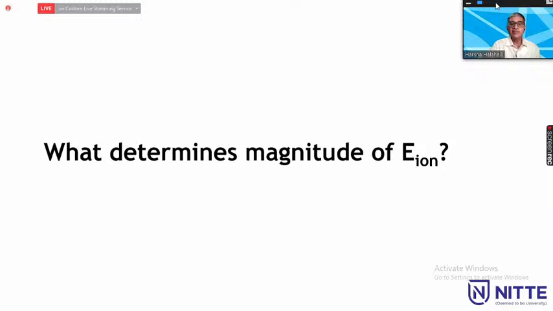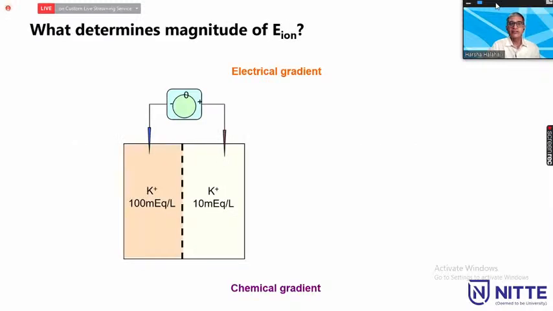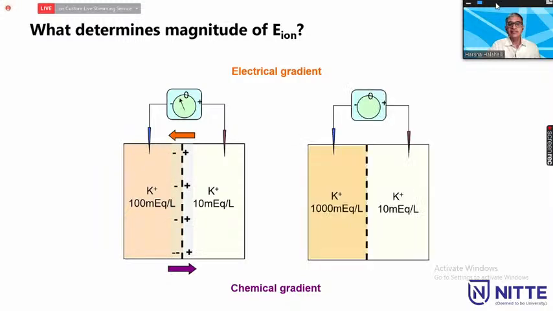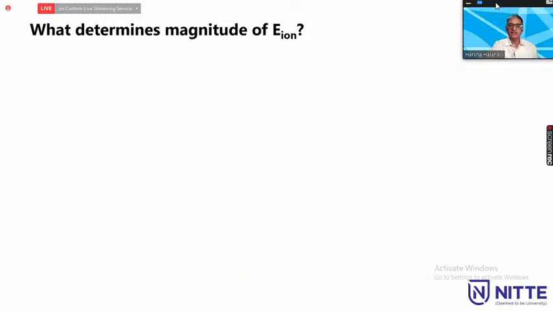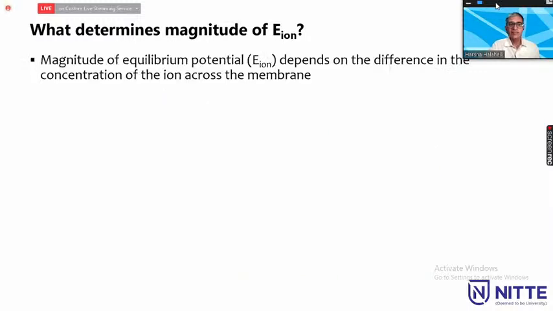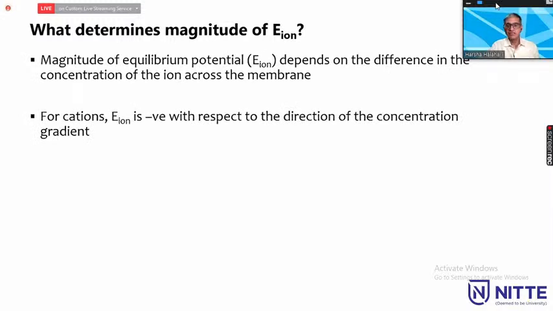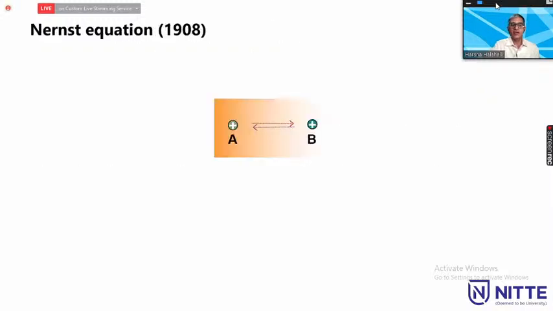So what determines the magnitude of the equilibrium potential for various ions? Simply, if the concentration difference is greater, you end up with greater charge separation and therefore a greater equilibrium potential. The second thing is the nature of the charge: the direction of the electrical gradient is determined by whether the ion is positive or negative.